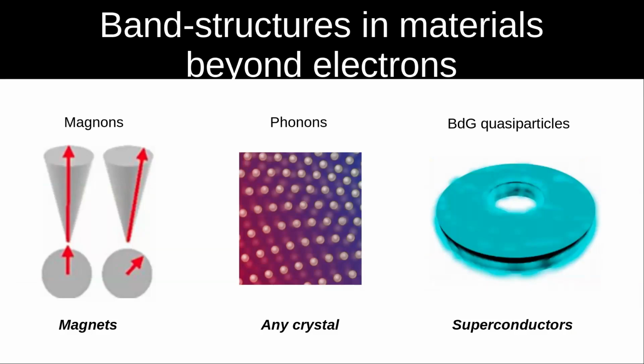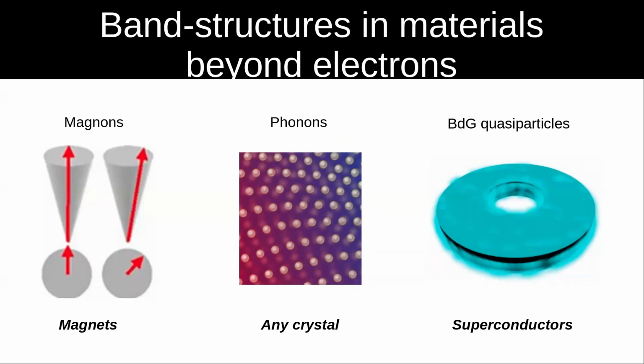So even though we are going to focus on electrons, let me reemphasize again that we can actually use the very same tricks for any local quantum excitation that we may have in a material. So you can think that a local quantum excitation can be an electron, but it can also be a magnetic fluctuation such as a magnon.